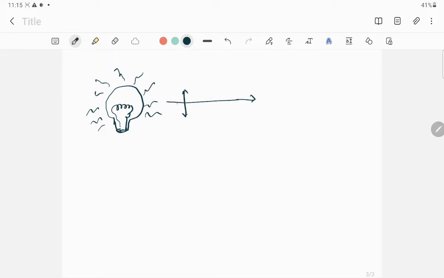It will have orientation in this direction, in this direction, in all directions. So it is clearly an unpolarized light. Now we can introduce the polarizer. As I said, the polarizer is basically a kind of filter. It is made up of a thin plastic, and it is configured in a very special way.